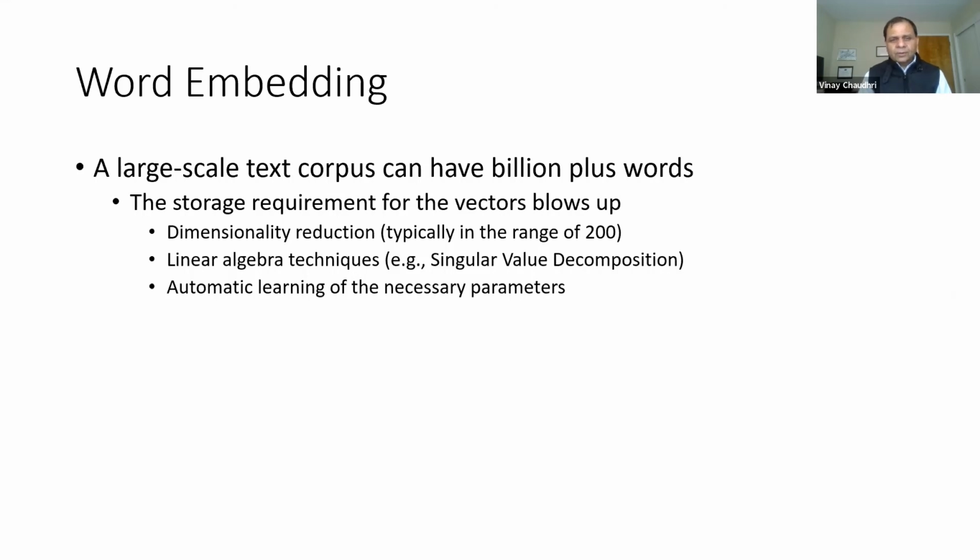And there are other techniques like linear algebra, like singular value decomposition, and techniques for automatically learning how to pick those 200 numbers using which we are going to represent a word. There's a whole course on that, right? If you take the NLP course, that is primarily devoted to how to do different forms of word embeddings really well.